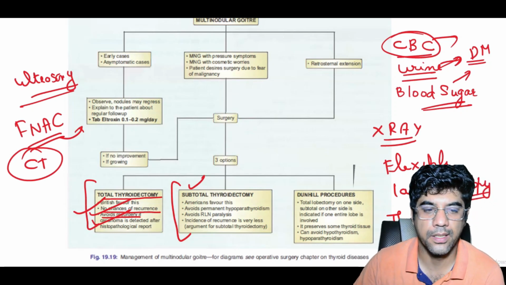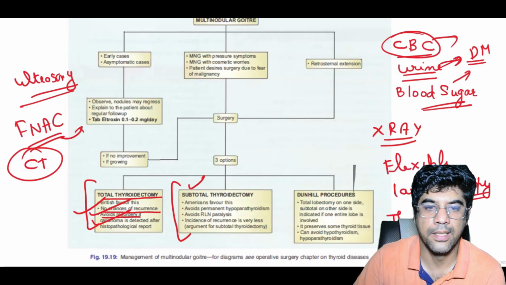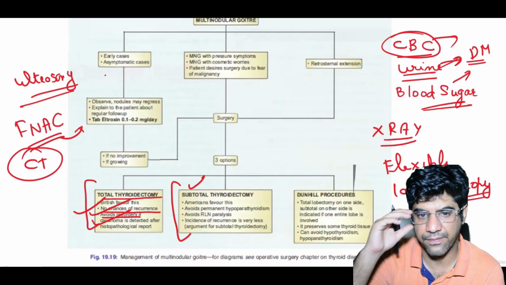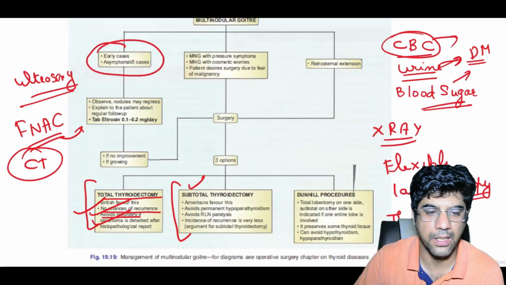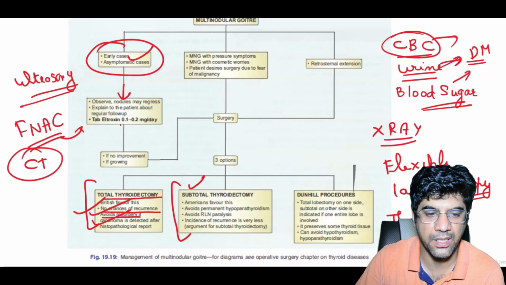Or total thyroidectomy can be done, complete removal of the thyroid gland, that is often preferred in order to minimize the risks such as recurrent laryngeal nerve injury or hypocalcemia. So in total thyroidectomy there is no chance of recurrence and it avoids resurgery.